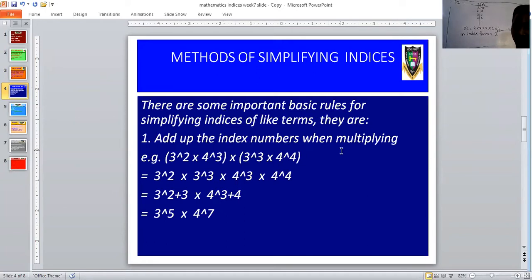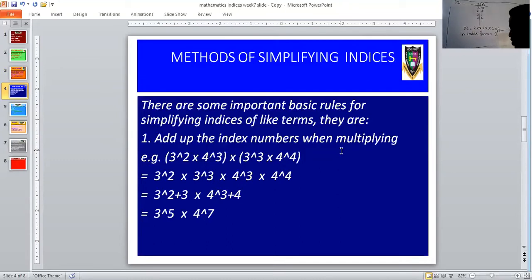There are some important basic rules for simplifying indices of like terms. If you want to simplify indices of like terms, the first rule is: you add up the index numbers when multiplying.